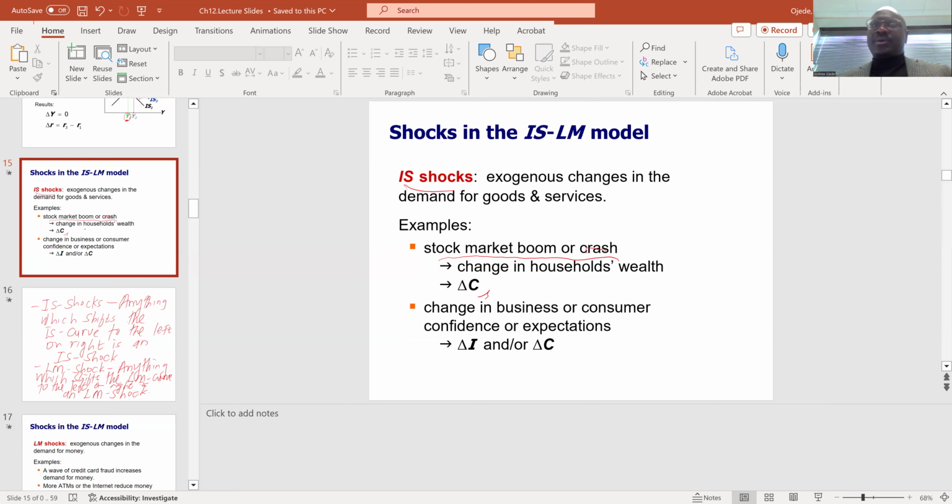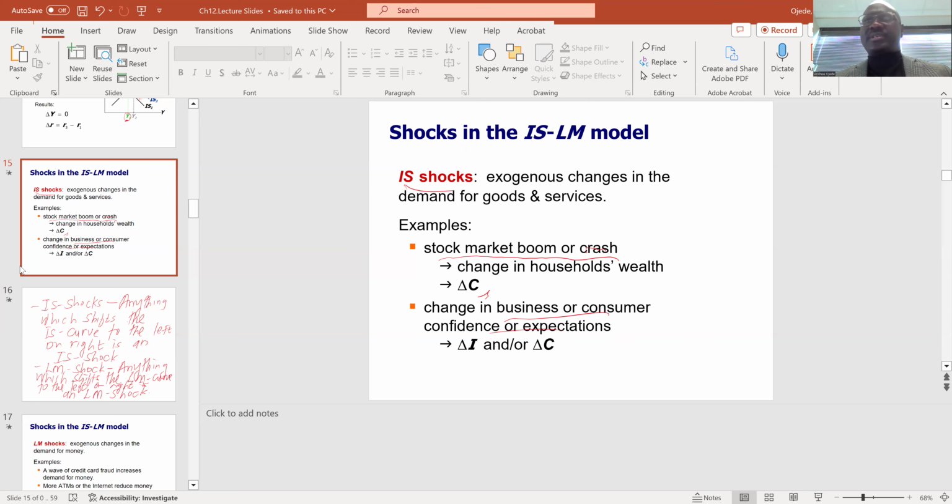So anything that is going to change consumer expectation, consumer confidence, whether negatively or positively, like terrorist activities, like stock market crashing, the economy heading in the wrong direction, or in a good direction, is going to shift the IS curve. Or it could even be fiscal policy: Congress increasing or decreasing government spending, or increasing or decreasing taxes.